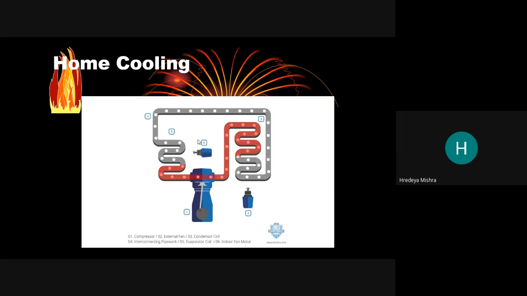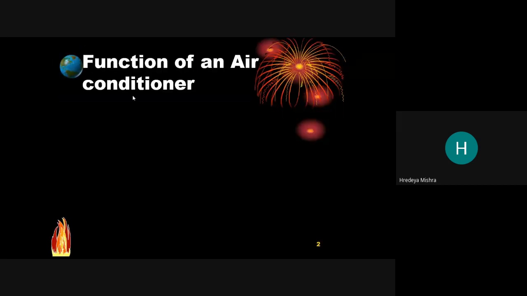This is the evaporator at the place of 5, and 6 is the indoor fan. So in domestic air conditioning, there is an inside fan to blow the cool air into the room.